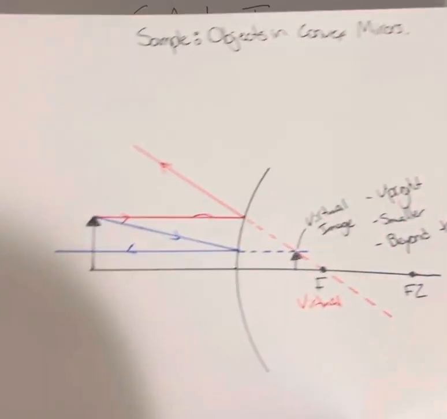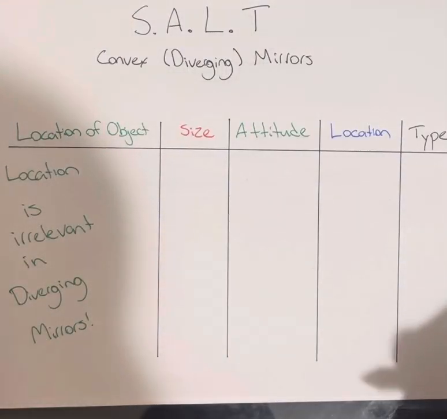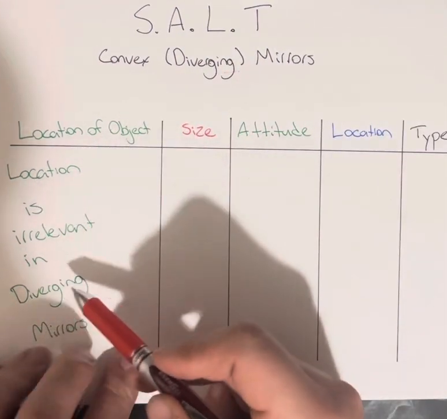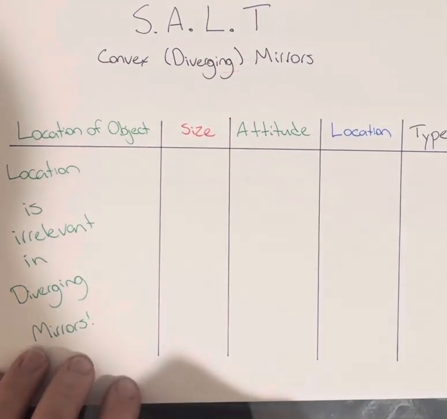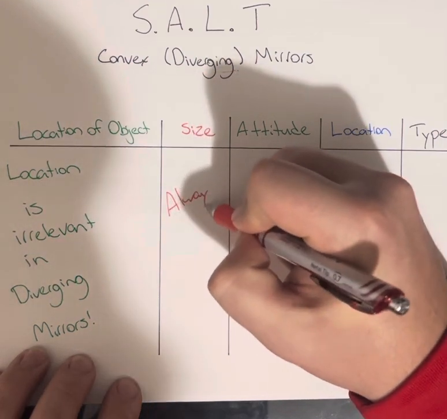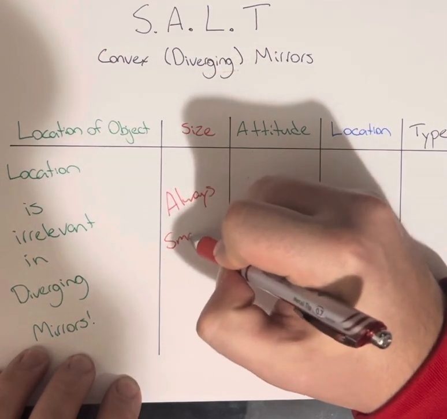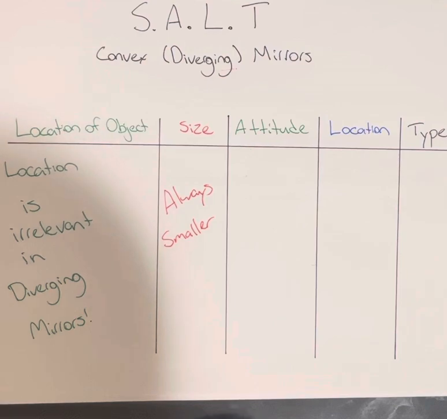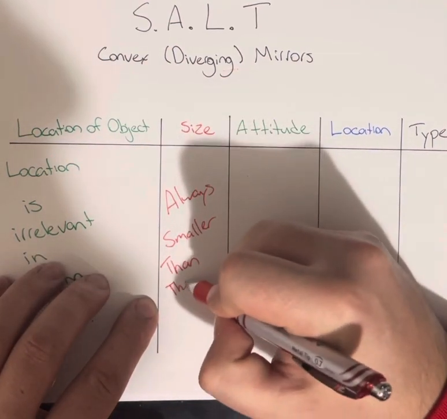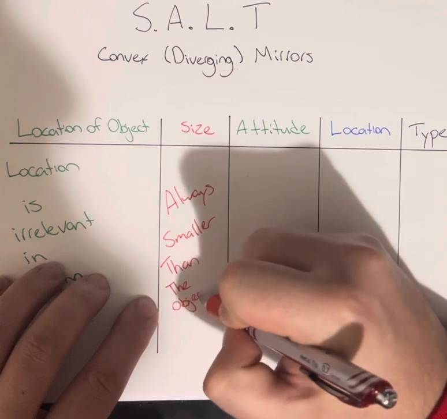As we noticed in each one of our examples before, the size of each one of those arrows is going to be quite a bit smaller. So for our diverging mirrors, this is going to be irrelevant of where the original location of the object is. The size is always going to be smaller than the object.